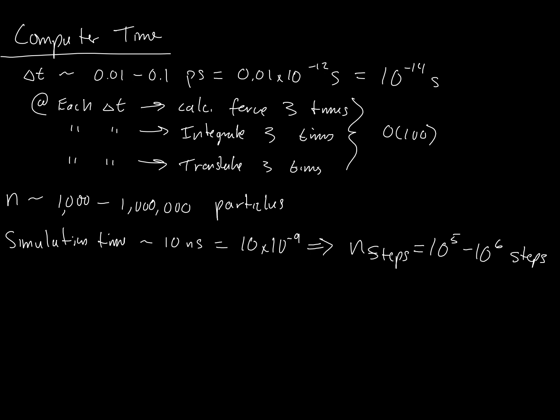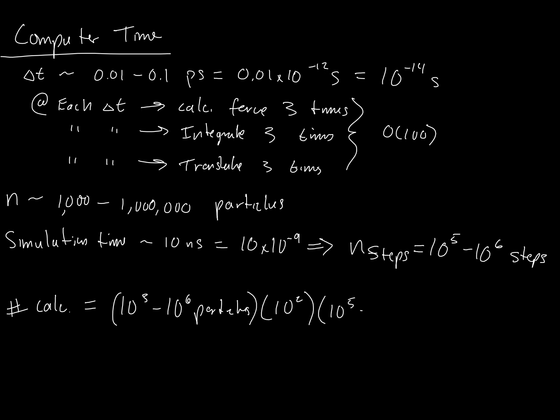So for this simulation that I've outlined here, the number of calculations that are necessary is going to be about 10 to the 3 to 10 to the 6 particles, somewhere between 1,000 to 1,000,000 particles in your simulation, times 10 to the 2, which is 100 calculations per particle per time step, times 10 to the 5 to 10 to the 6 time steps.